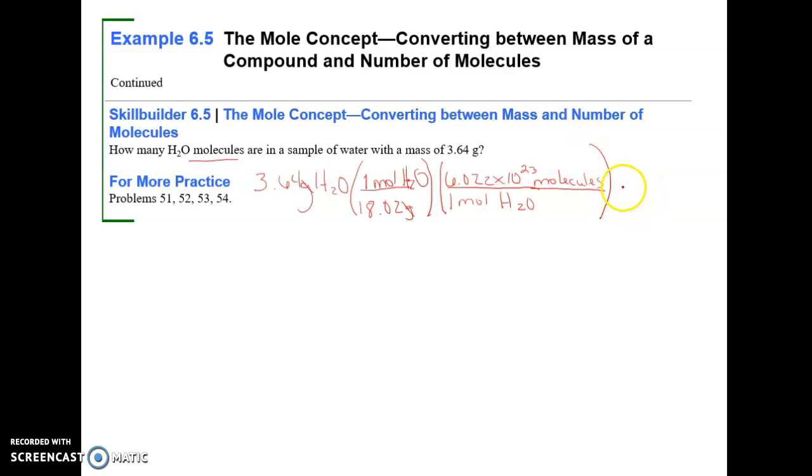And now we just have to calculate that out. Multiplying 3.64 divided by 18.02 multiplied by 6.022 times 10 to the 23, what's going to pop out on your calculator with the correct rounding and significant figures is 1.22 times 10 to the 23 molecules of water. All of our units have canceled here. All right, so here are some more practice problems that you can try.